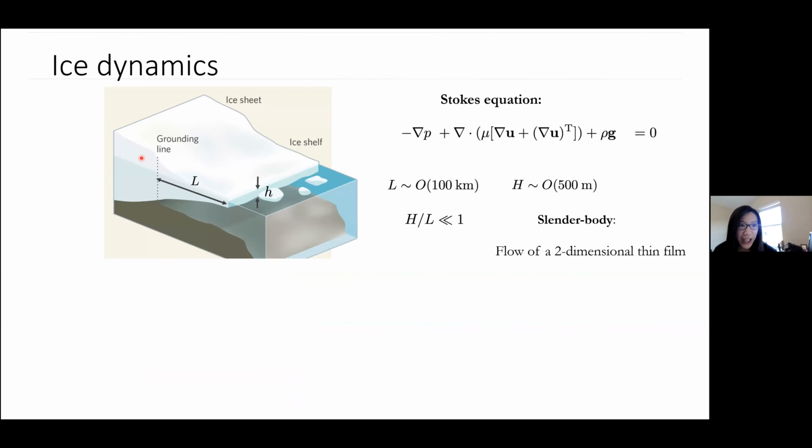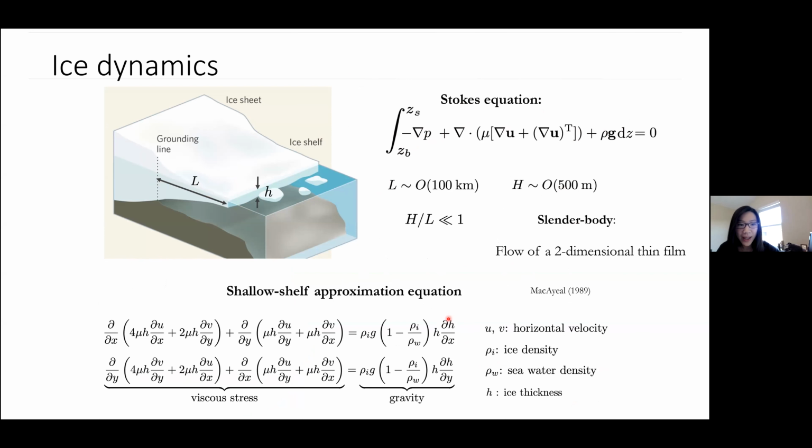Another nice thing about ice shelves is that the horizontal length scale is much larger than the thickness length scale. So we can integrate our Stokes equation vertically and obtain this simple set of partial differential equations that describe the ice dynamics, and it's called the shallow shelf approximation.